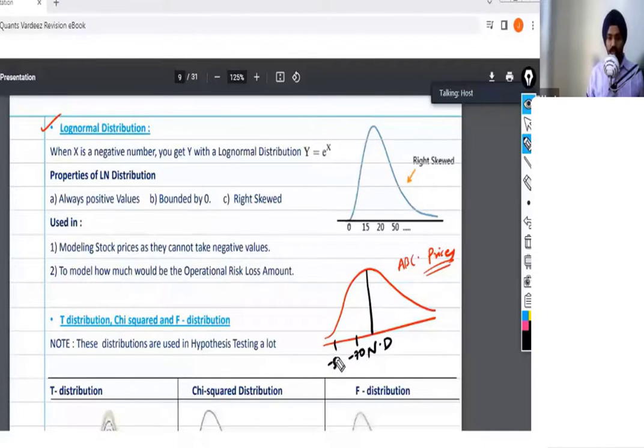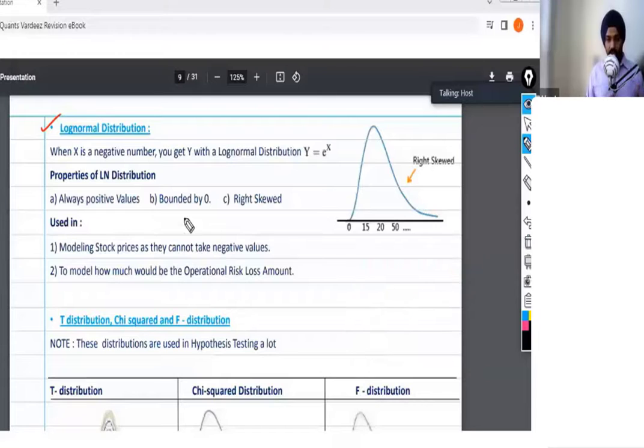Can any company or stock price take negative values? No. So at those times, normal distribution cannot be used. An alternative is a log normal distribution. When all your X numbers are positive, you can take a log of that and you get a distribution which is what we call a log normal distribution.